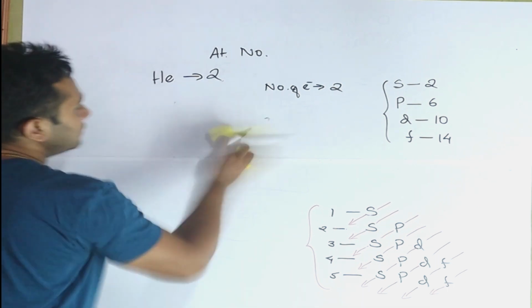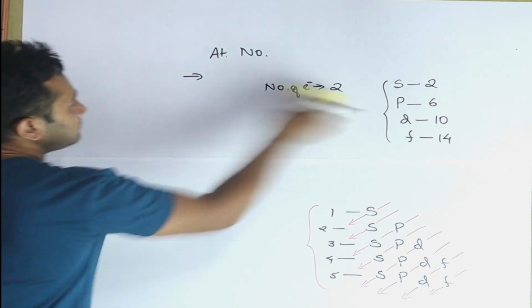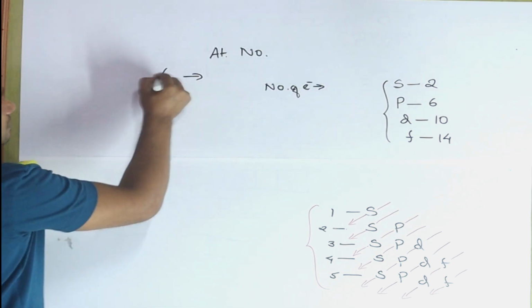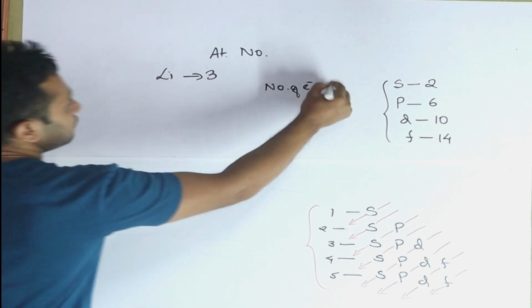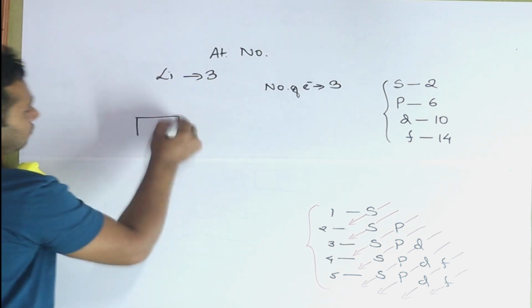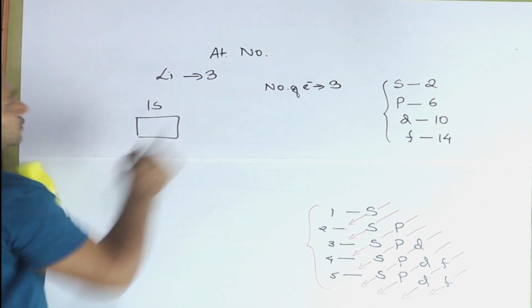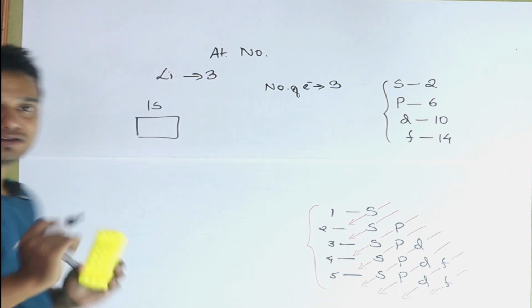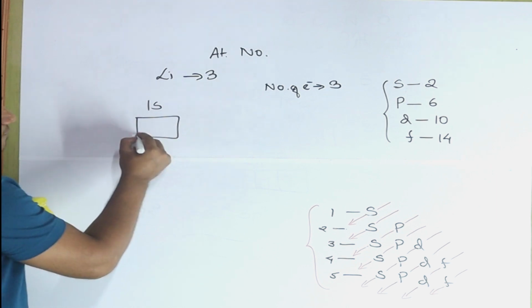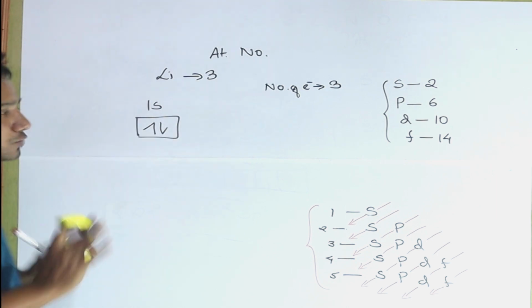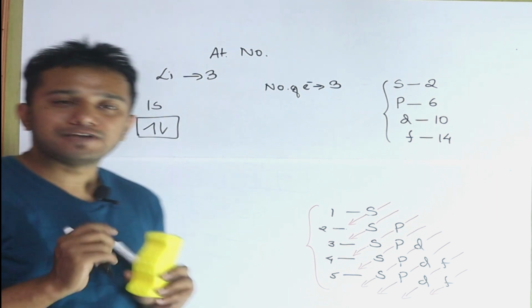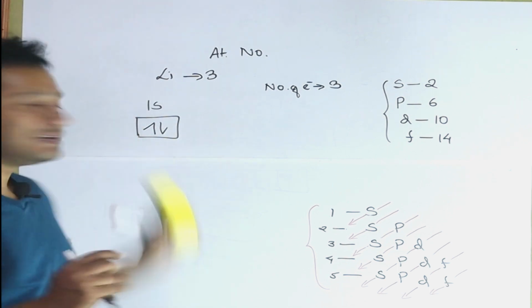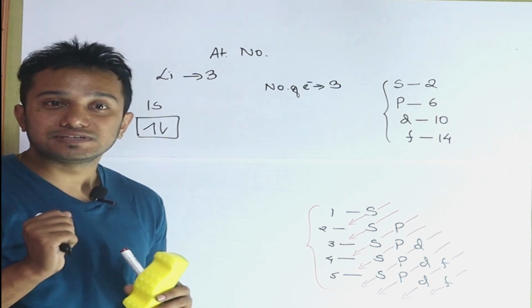Let's go for lithium. Atomic number is 3, number of electrons is 3. So 1s. If I just draw 1s, let's see whether it will be right or wrong. I can fill 2 electrons here. Lithium has 3 electrons and we have filled only 2, so 1 more electron is left.